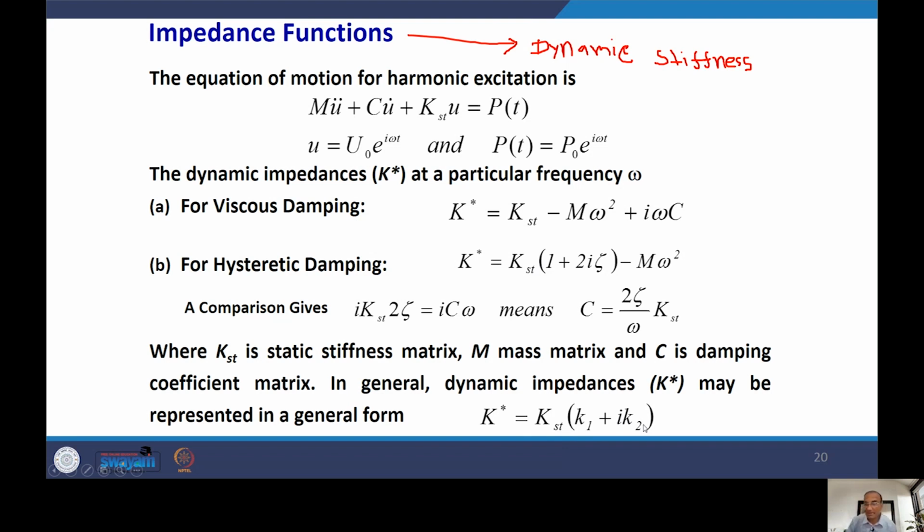If I compare with the above equation, k1 is nothing but k_st minus m ω², while the value of k2 could be either ω c or twice ζ k_st. This way you can have a comparison between viscous damping and hysteretic damping.